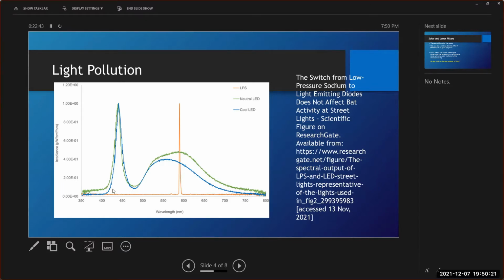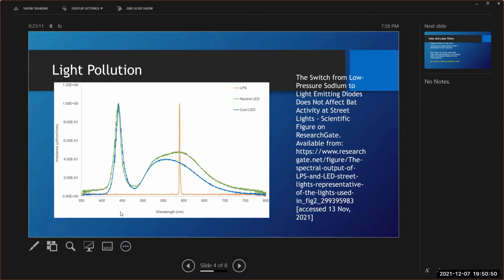They really take up big pieces of real estate down in the 450 region. And I think hydrogen alpha is at 656. Oxygen 3 is going to be, hydrogen beta is going to be around 450. So that is a wavelength we're interested in, and it's being stepped on squarely by these LED lights.